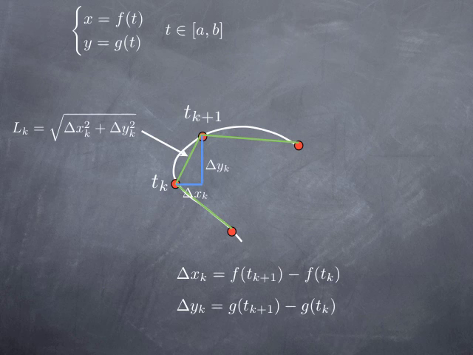Now we have assumed that f and g are continuous on the closed interval [a, b] and differentiable on the open interval (a, b). So in particular, they have the same properties on the interval from tk to tk+1.